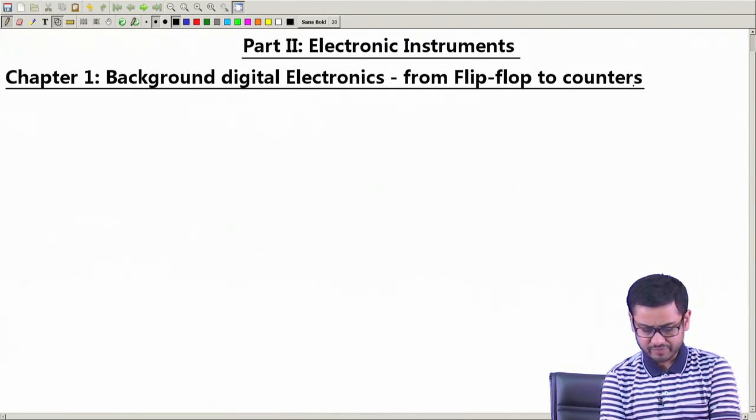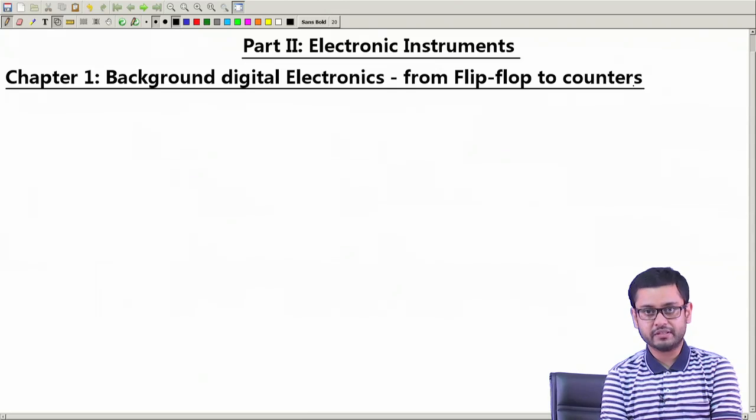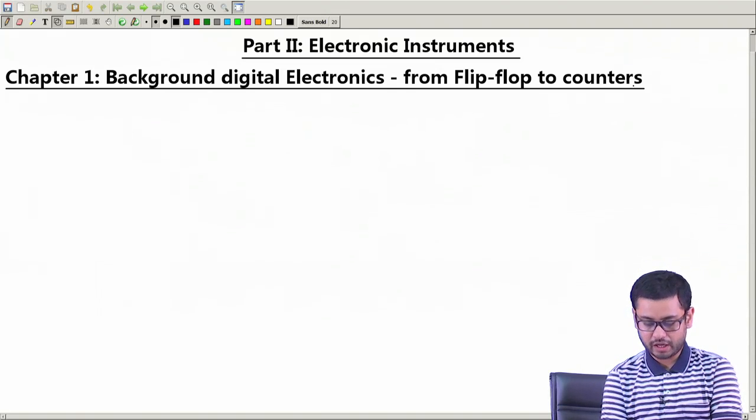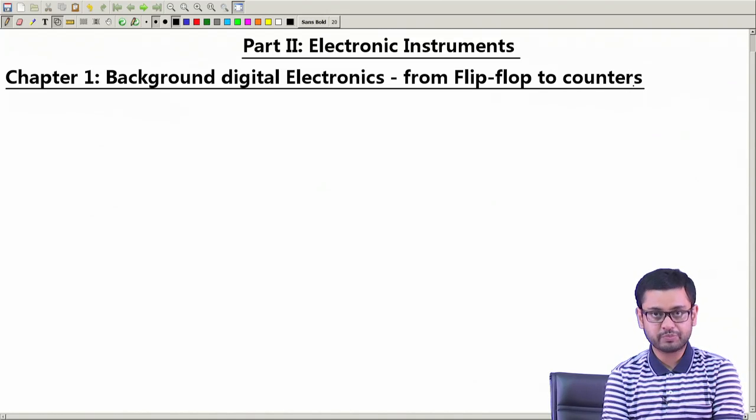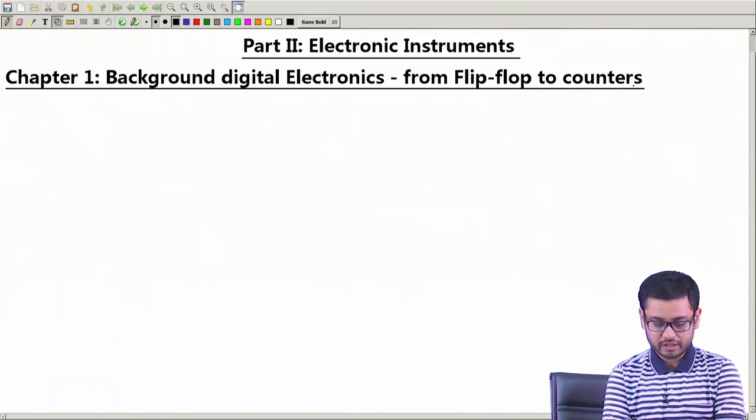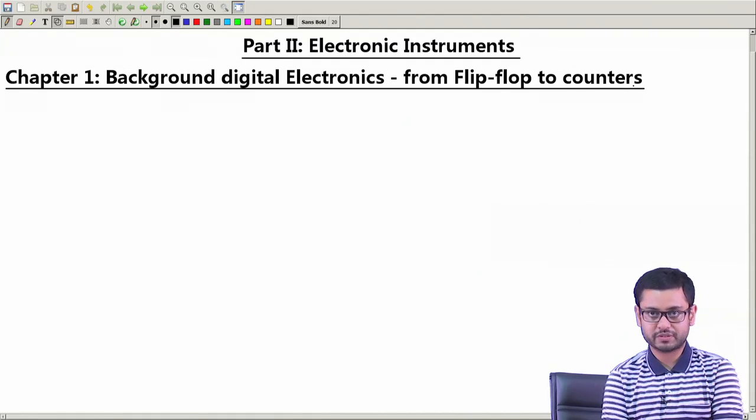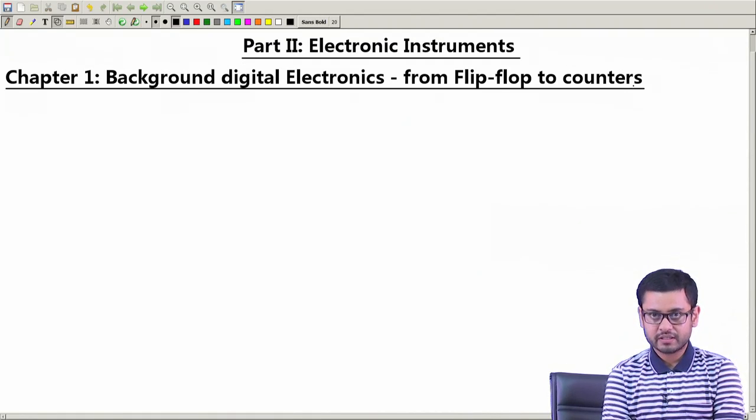Before we go into the core or the heart of this part, we will spend some time reviewing the required background, particularly some simple digital electronics and some analog electronics, mainly op amps.